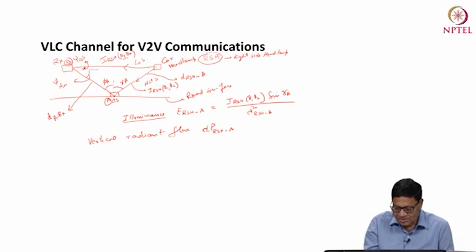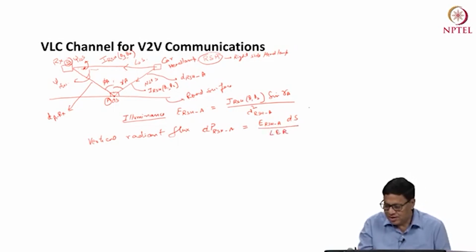Let us call it dP, because we are considering only a small area ds, from the right side headlamp and from position A. It is given by E RSH A into ds divided by LER, where LER is important here. LER is luminous efficiency of radiation.